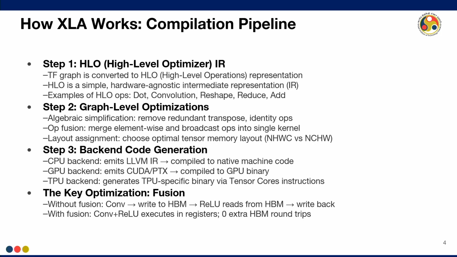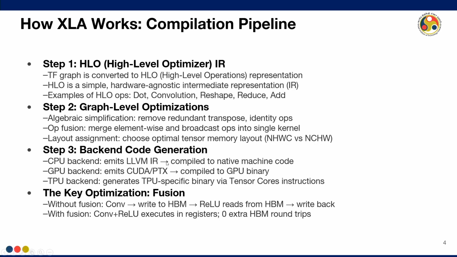That way it will do the fusion, and then the layout assignment will happen, where it will do several tiling, chopping and reshaping of the tensors coming into the kernels, and it will define memory layout for NHWC versus NCHW. So, it has kept the total amount of data the same, but it has reorganized the different dimensions here. So, these things happen in the middle or the optimization stage, or step 2.